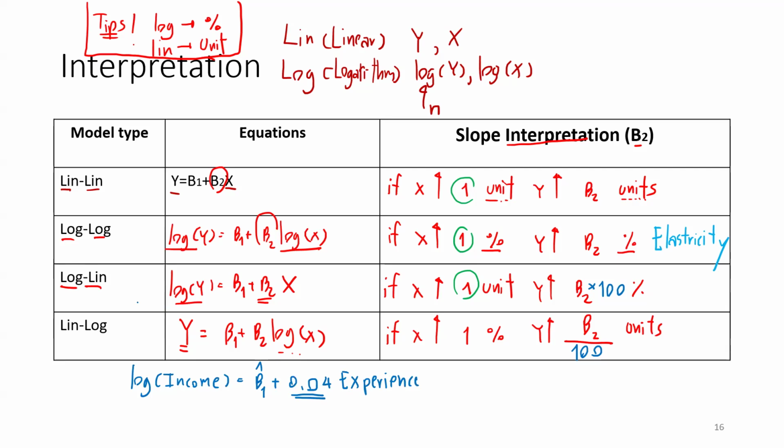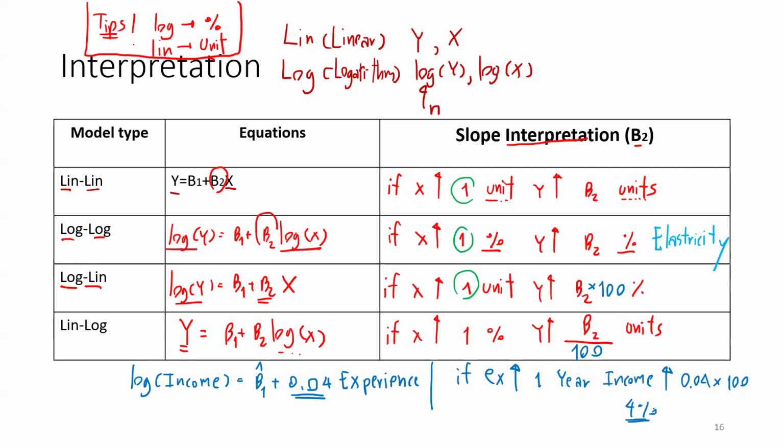You have to answer that if experience increases 1 year, 1 unit, then income will increase 0.04 multiplied by 100, so you can answer 4%.